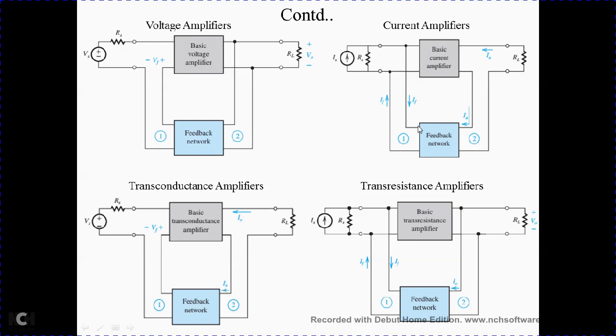So why am I telling you this? Further, when we derive equations for the input and output resistances of these, then, say for example, if you want to find the input resistance or impedance of a voltage amplifier, which looks similar to the transconductance amplifier in the input circuit, you can see it is similar here.